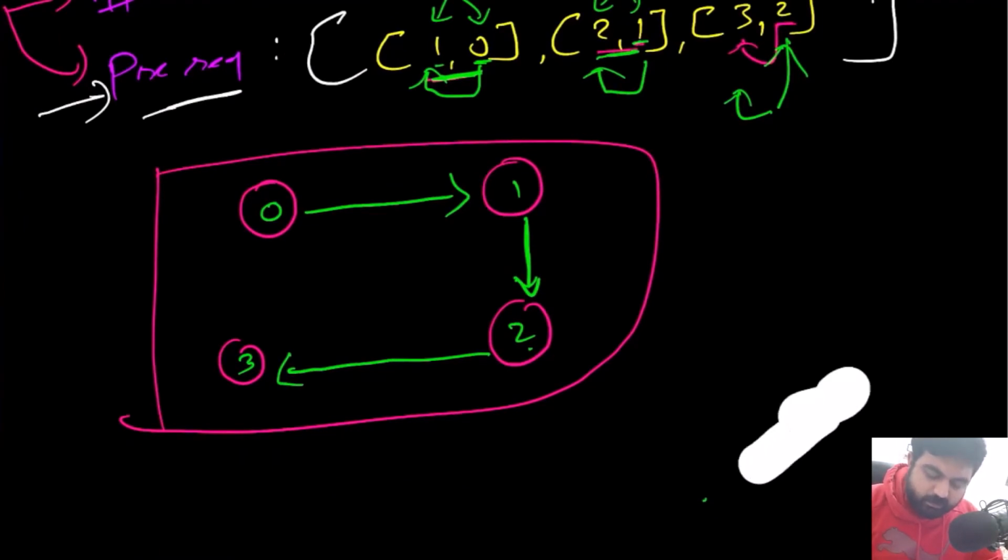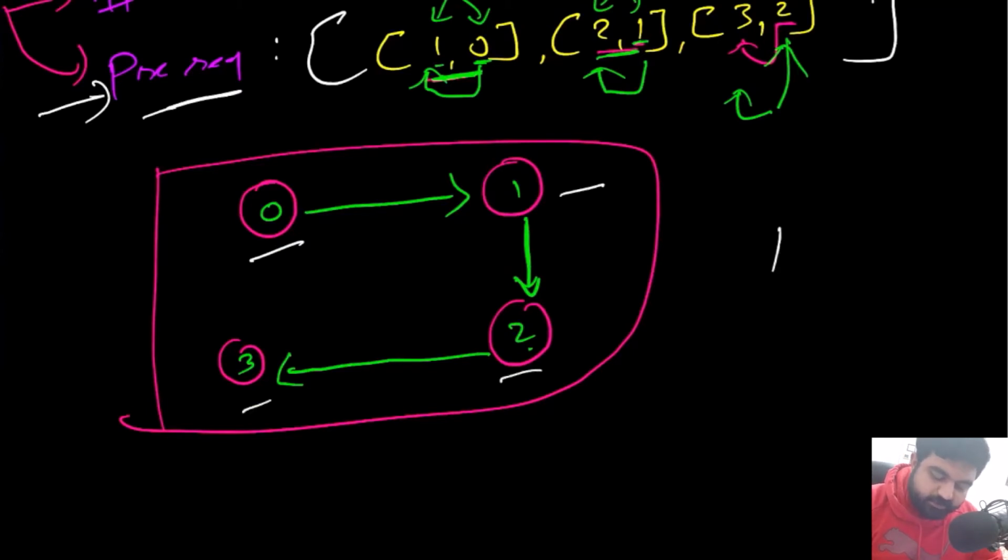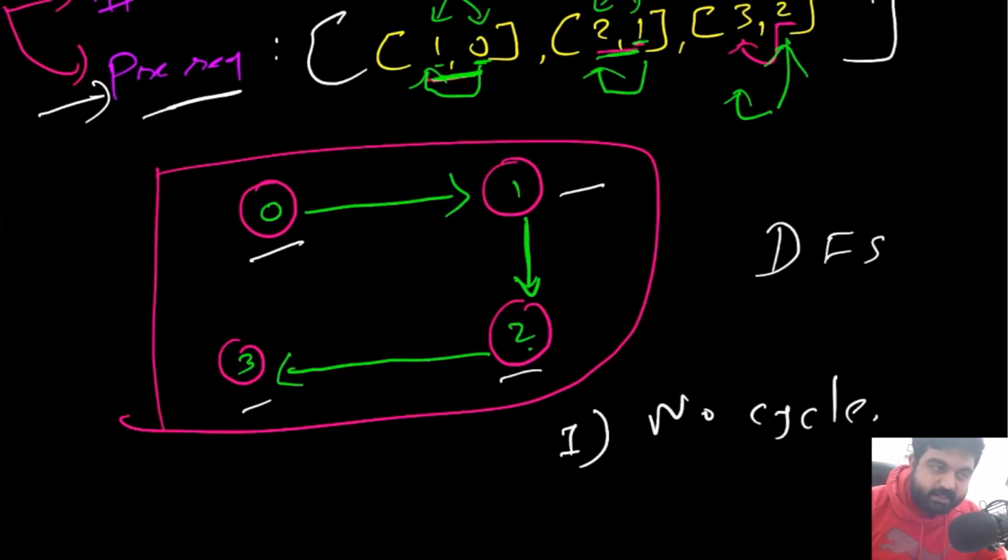So in order to find any legitimate ordering, the logic is going to be quite simple. What we are going to do is pick any single node and do a depth first search. Now in the depth first search, we will have to keep track of 2-3 items. First thing we will have to keep track of is that there are no cycles. If we find a cycle, basically we have entered a scenario where we are not able to complete all the prerequisites.